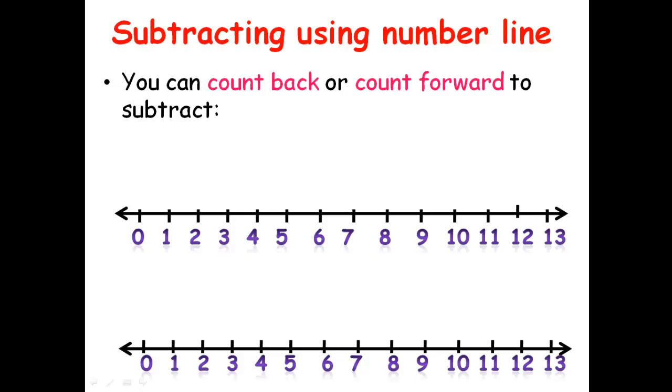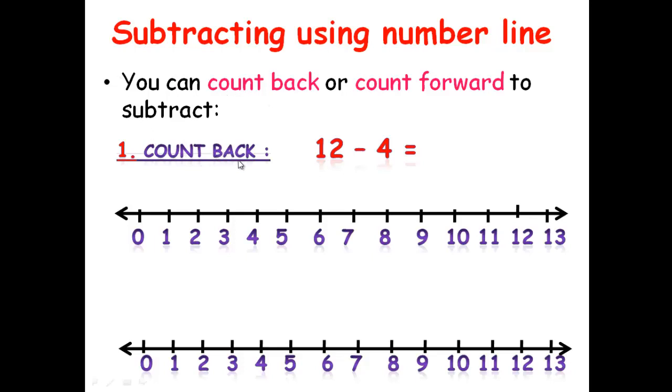So today we are going to learn how to express the two ways, counting back and counting forward, on a number line. For example, if I need to subtract 12 minus 4, I'm going to first use the way of counting back.